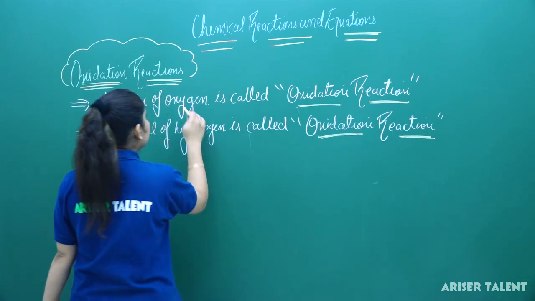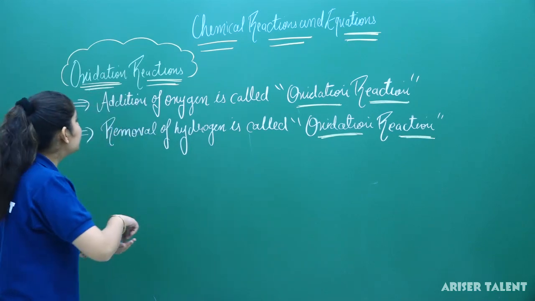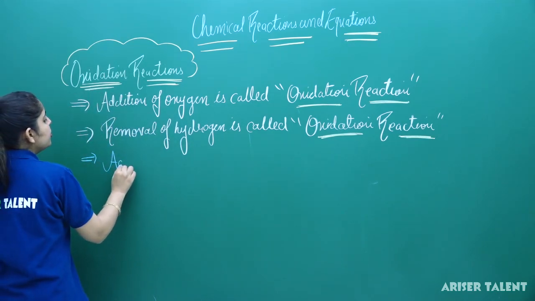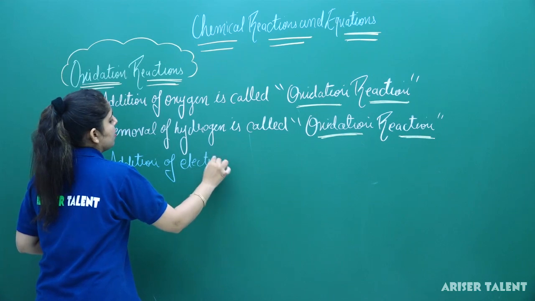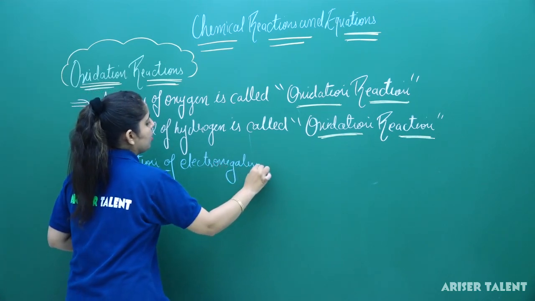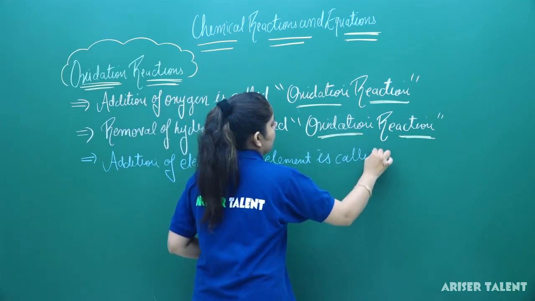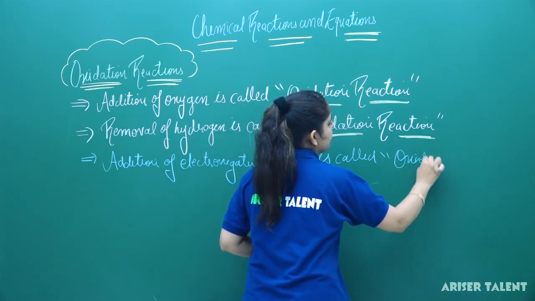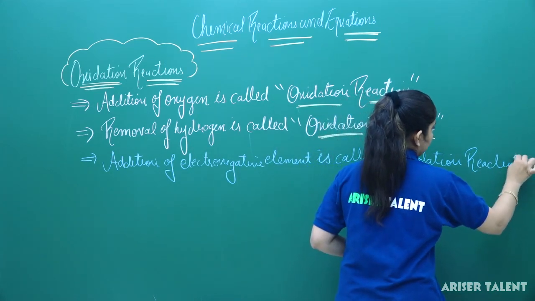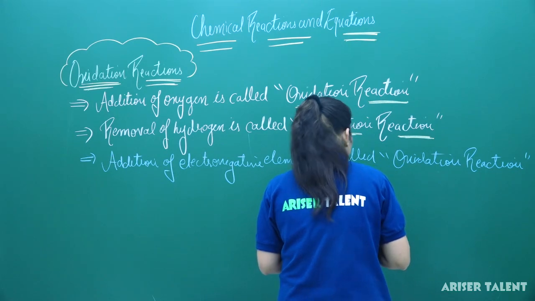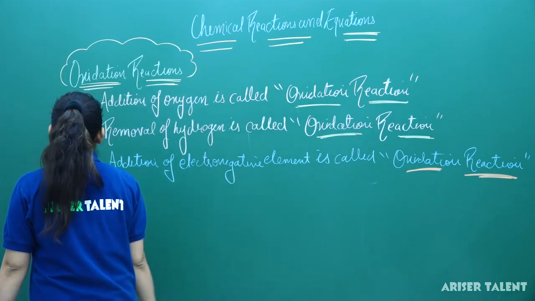If you are adding oxygen to something, it means you are just adding the electronegative element. So I can say that addition of electronegative element is called oxidation reaction. And if electronegative element is added, oxygen is added.